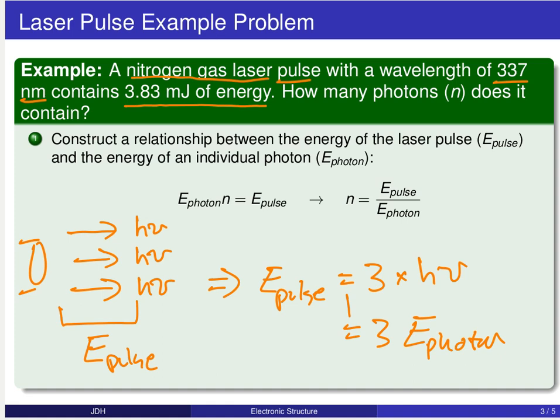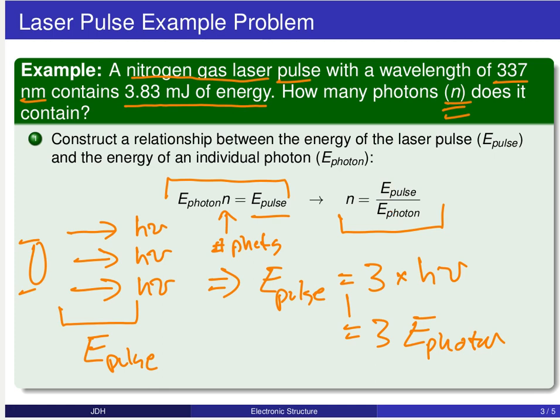We can extend this to n photons and arrive at the following equation. The energy of the pulse coming from our nitrogen laser is equal to n, the number of photons, times the energy of each individual photon. Our goal is to solve for n, so we rearrange this equation to relate the number of photons to the energy of the pulse and the energy of the individual photons.